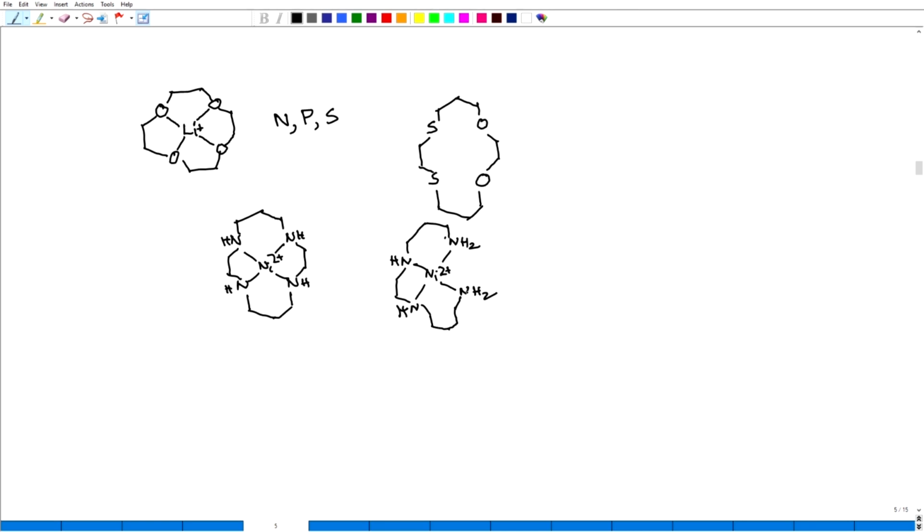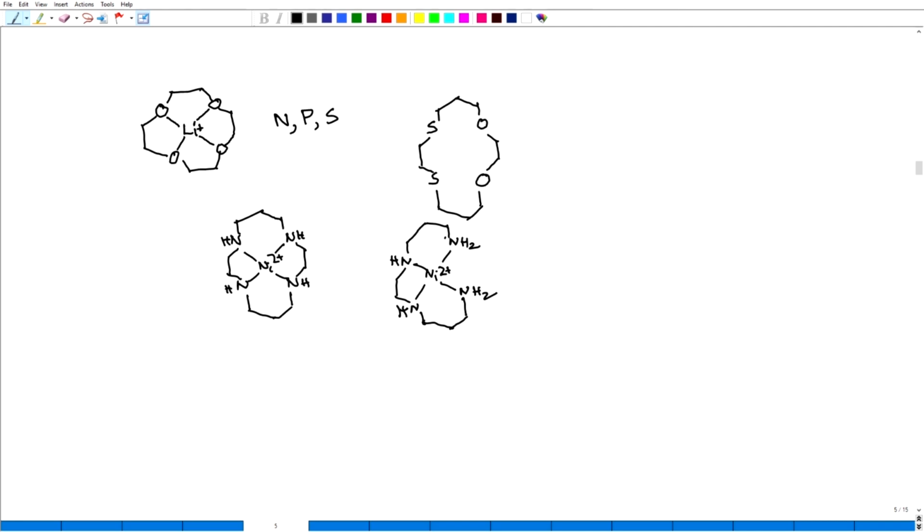Let me draw. So, this is an acyclic analog of this cyclic compound.